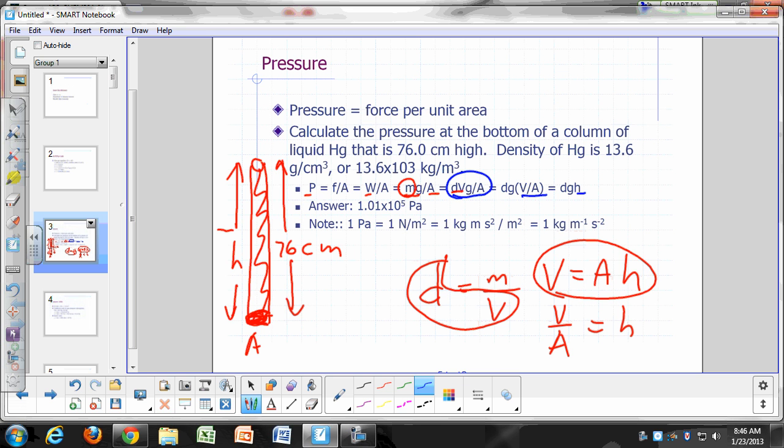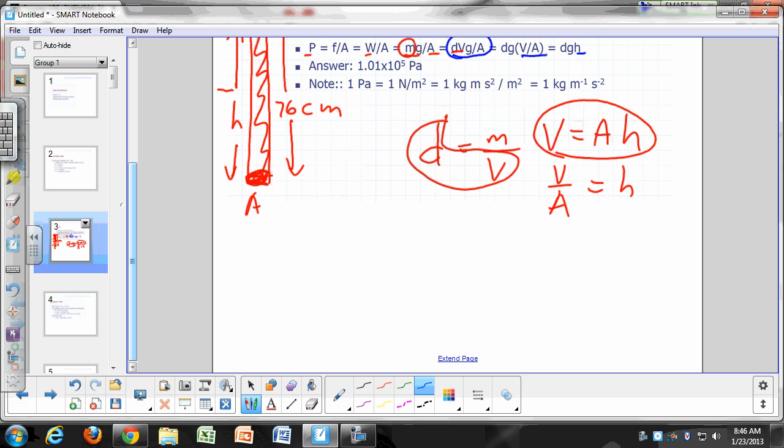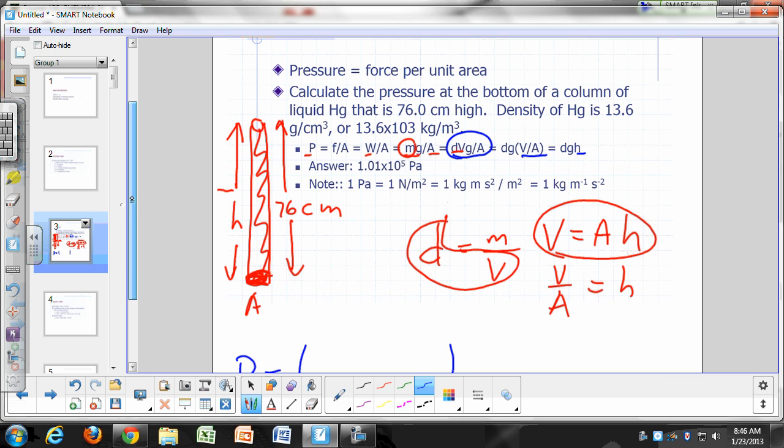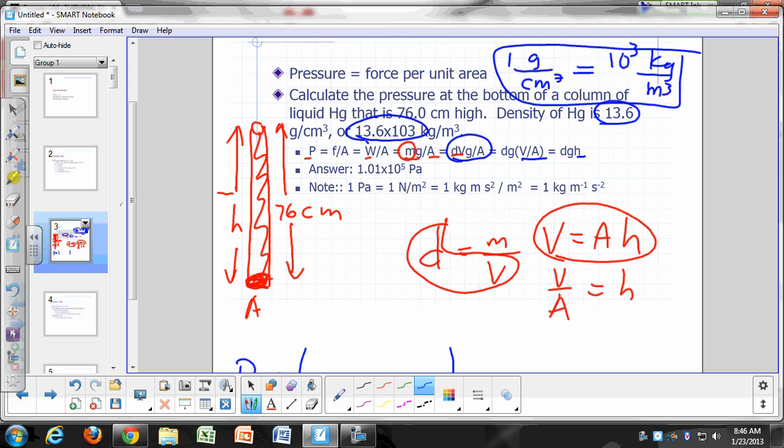So let's calculate that. So pressure, what's the density of mercury? Mercury has a density of 13.6 grams per cubic centimeter, or 13.6 times 10 to the third, okay? 1 gram per milliliter, or 1 gram per cubic centimeter, is equivalent to 1,000 kilograms per cubic meter. You should be able to do that conversion. So let's put that in terms of SI units.